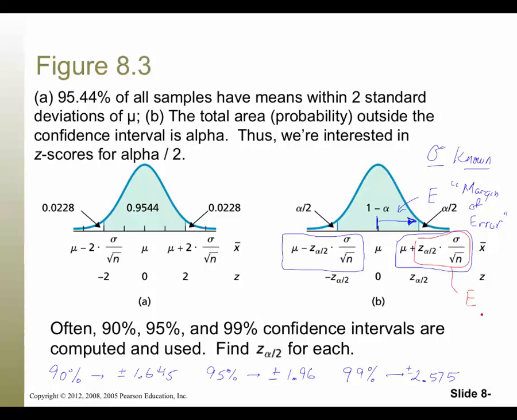We don't need it, because it's the distance from the mean out to the max, or the distance from the mean down to the min. So this is our margin of error. And 2E is the length of the interval, because we go E above and E below. That's the length of the whole confidence interval.